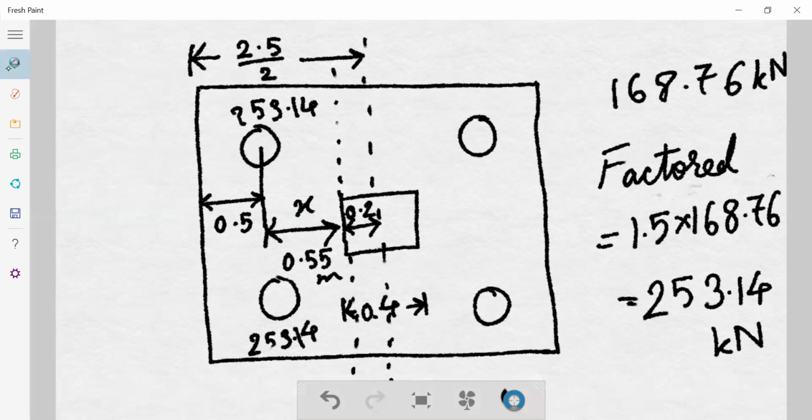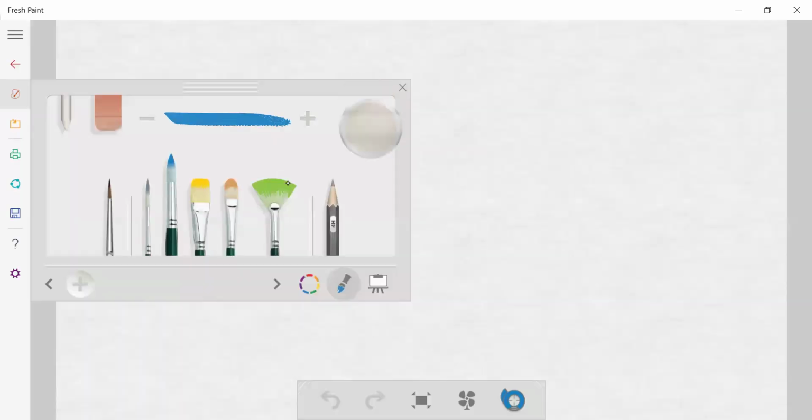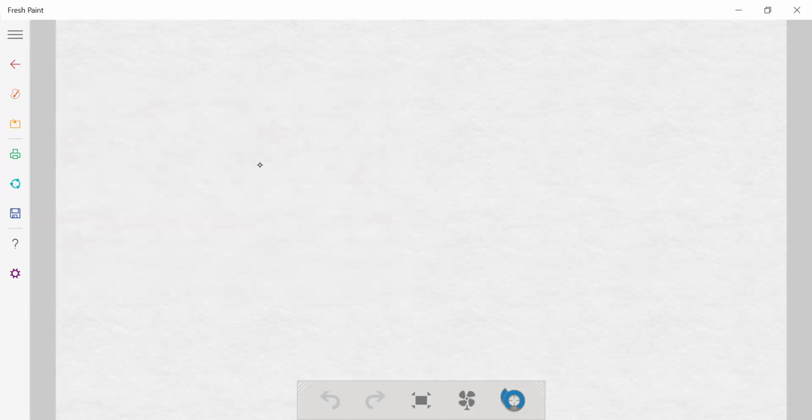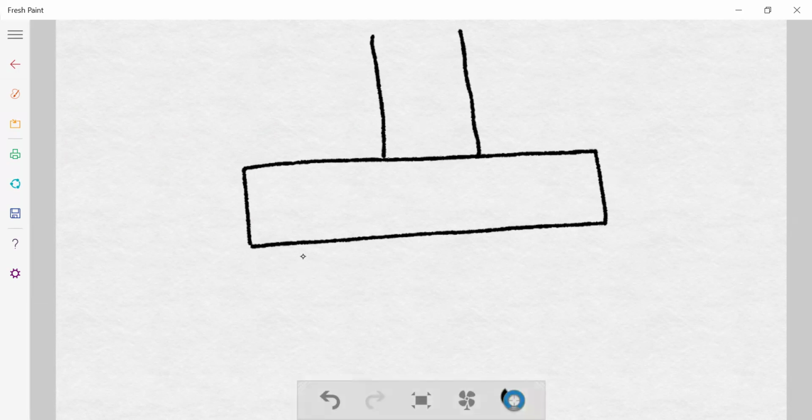Now if I look into the front view, it will simply look like this. If this is the pile cap, this is the column, and these are the piles.